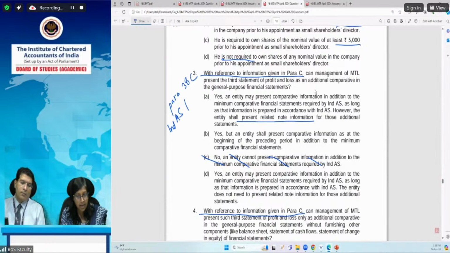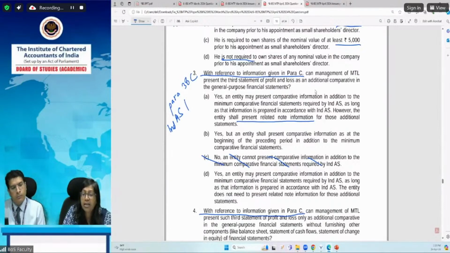Option A appears to be correct, so now let's move on to option B. Yes, but an entity shall present comparative information as at the beginning of the preceding period in addition to the minimum comparative financial statements. No, it is not correct. Why? It is not necessary that you have to prepare for the beginning of the preceding period.